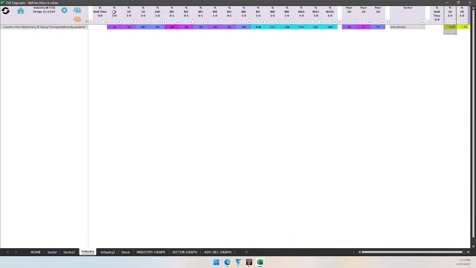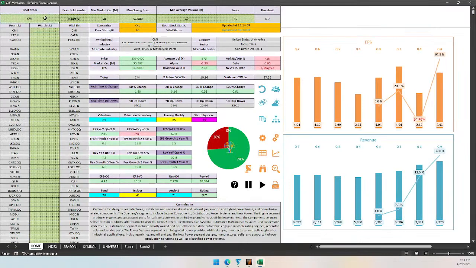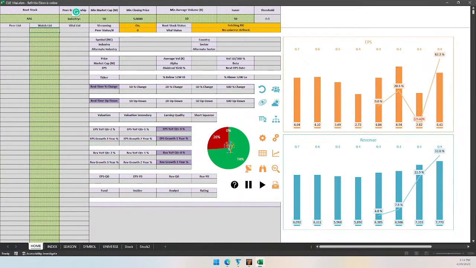So it is okay to have some industry not among the strongest, but strong enough in terms of percentage move on Friday, and the stock has to be strong. So CMI was a buying candidate, and let's look at the American Airlines scorecard now. AAL.